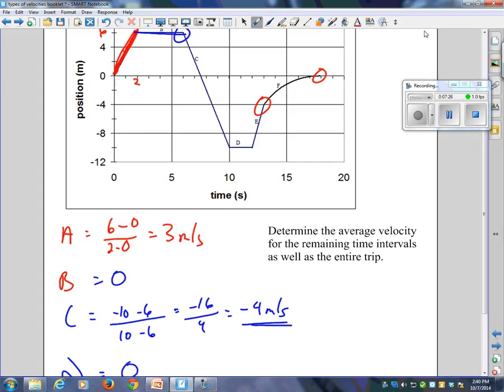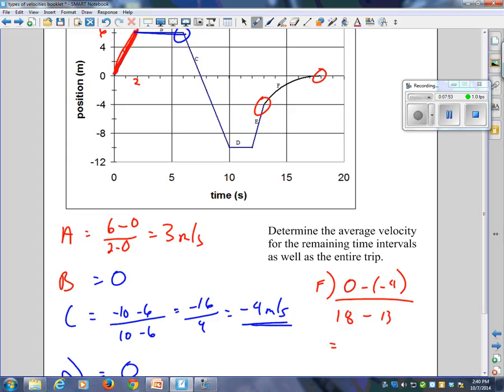I'm going to do it in this spot right here so that I can see what's going on. So my slope for f is going to be the y value of 0 minus the y value of minus 4, so 0 minus 4 on top. The x value here, this is 15, 16, 17, 18, is 13.